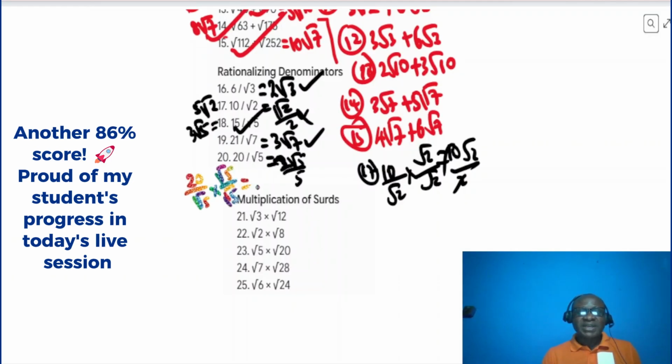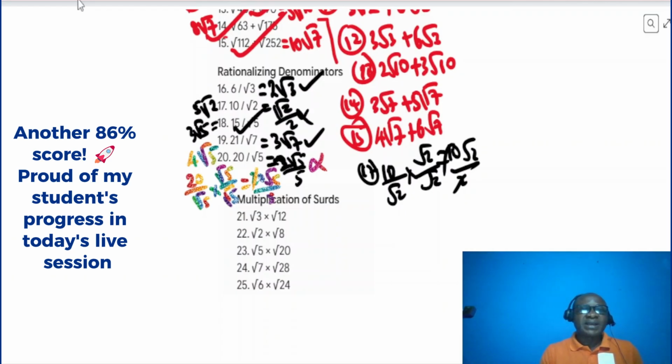So this will now give us 20 root 5 all over 5. 5 divided is 4. No, this is incorrect. The right answer is 4 root 5 because that 20 root 5 should be divided by 5, and that will give you 4. Is it okay? Yeah. So the correct answer there is 4 root 5.